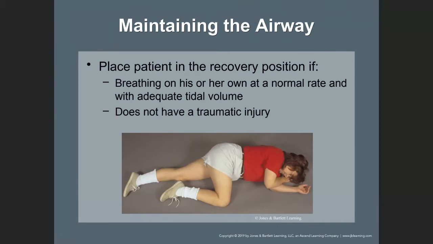Turn them on their side. Don't put an airway adjunct in their airway, right? If they have chest rise, you cannot treat distress with positive pressure unless it is severe.